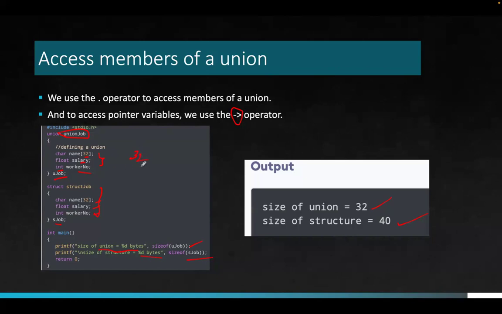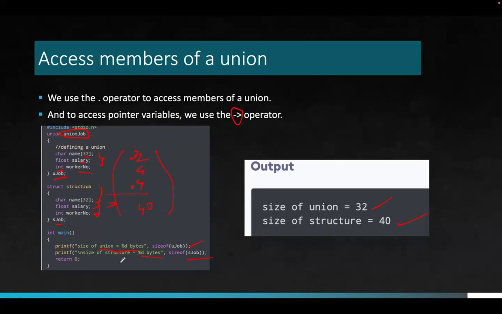Float is 4 bytes, and integer is 4 bytes. So 32 plus 4 plus 4 gives 40. So as a whole, once you declare it, a structure will always hold this 40.